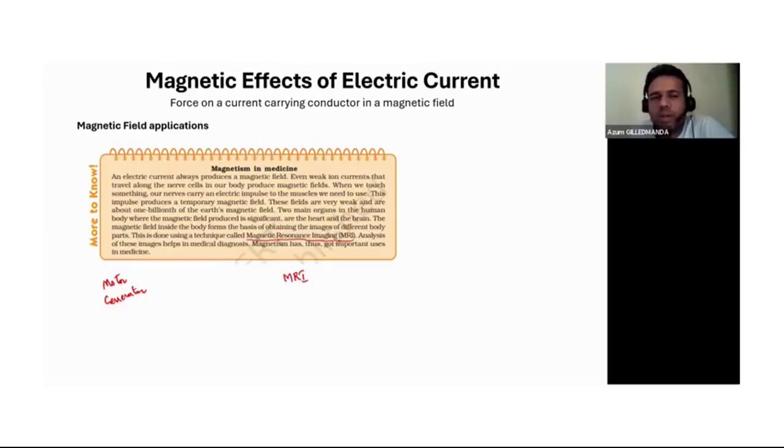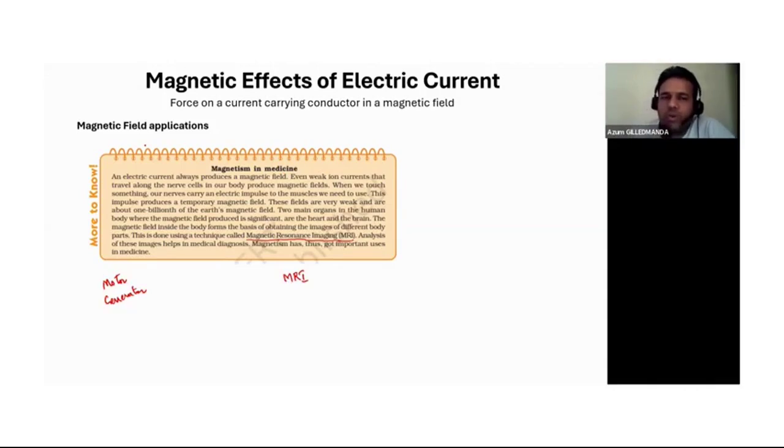Basically, it draws the shape of the magnetic field surrounding that organ, so it indicates the shape of the organ, for example the heart or liver.